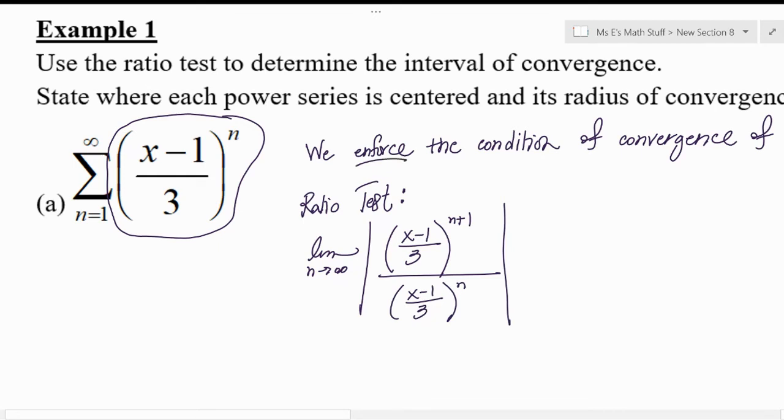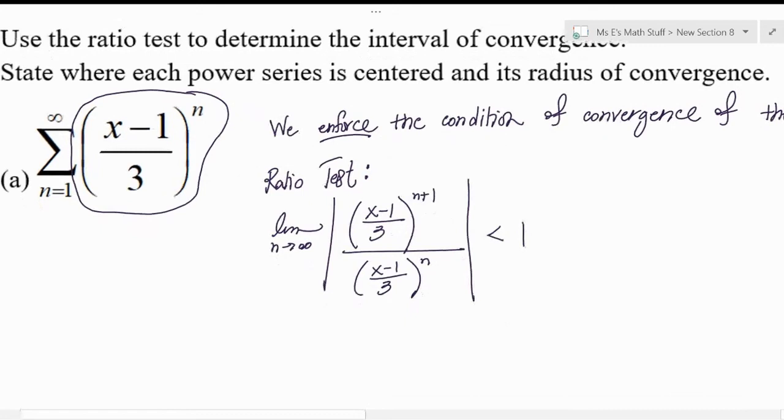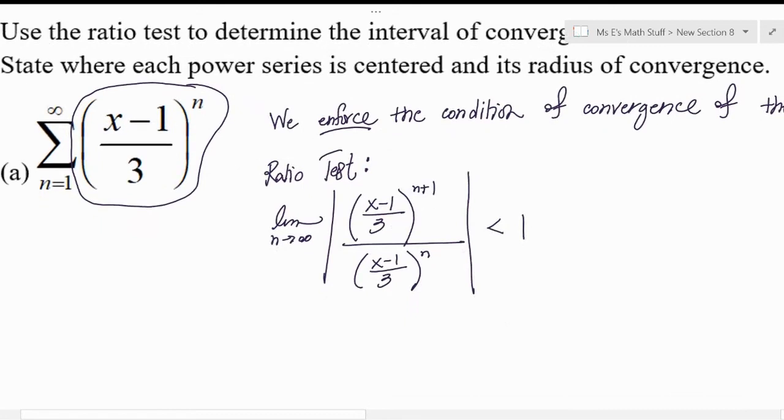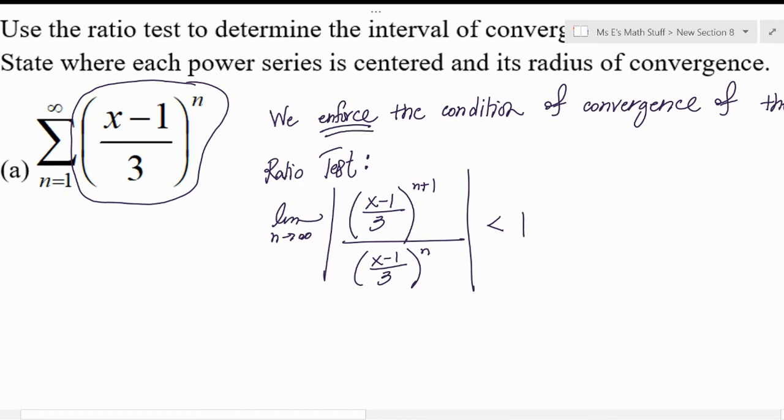And since we are enforcing the condition of convergence, we're going to say you need to be less than 1. Now, this is different than using the ratio test to see if something converges or diverges. We are saying you need to converge. So this expression has to be less than 1. That's enforcing the condition.